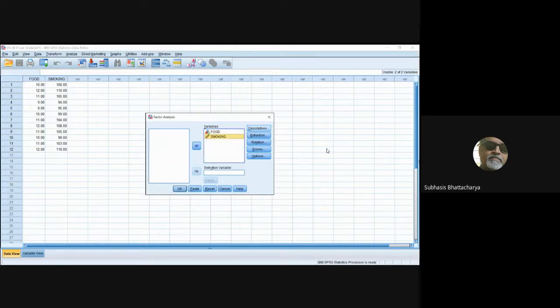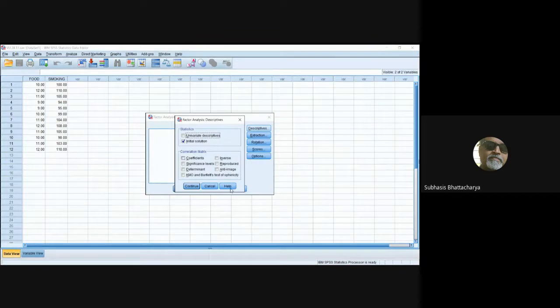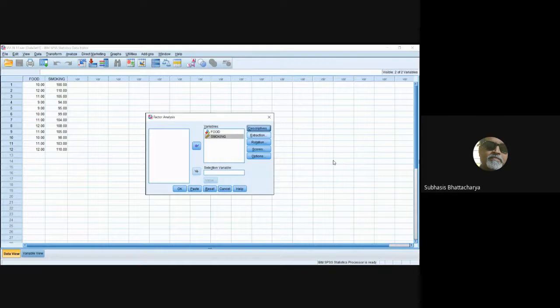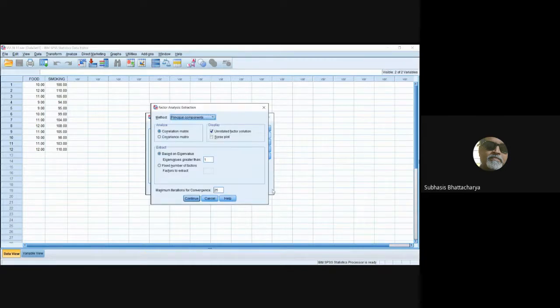Then you go to descriptives, and if you check the coefficients, its significance levels, its determinant, its KMO, this kind of things, and then continue. Then you go to the extraction, and the covariance matrix is given, and the unrotated factor solution is there. If you are interested in the scree plot, I'll come to the scree plot later.